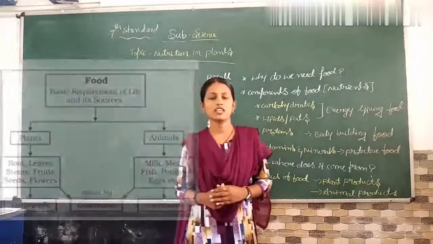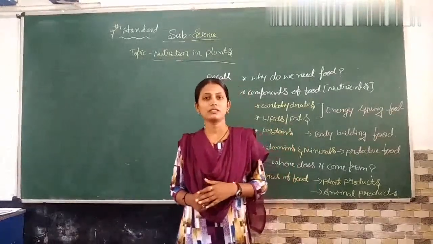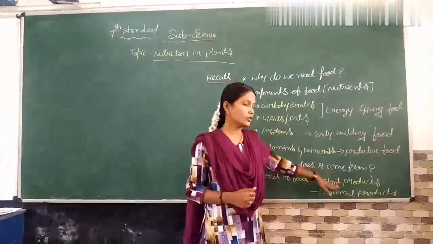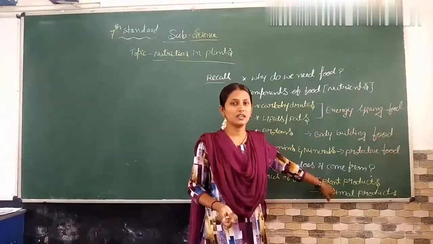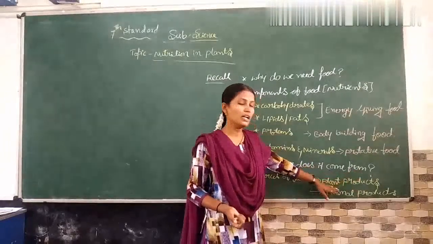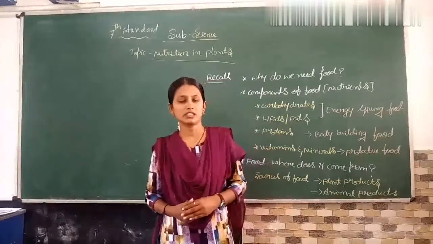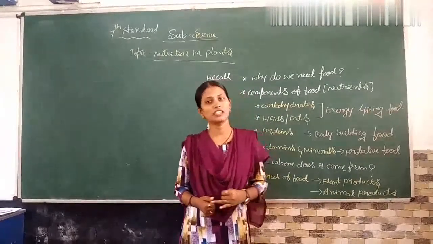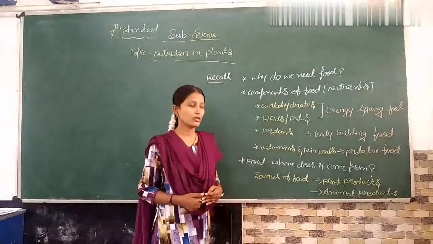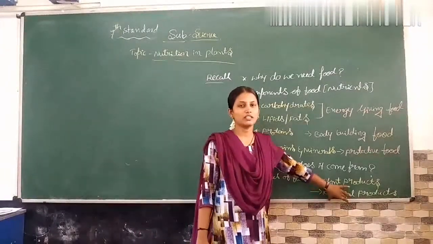Plant products are the stem part, leaf part and root part, which we eat and call vegetables. Fruits also we eat. All of that we call plant products. Then which are the animal products? Animal products are milk, curd, butter, ghee, meat, egg and so on. These are all called animal products.